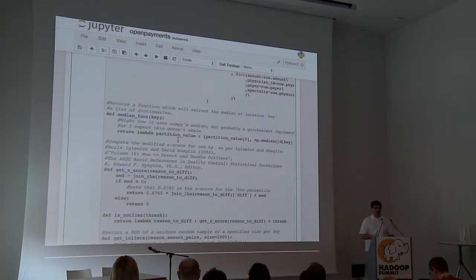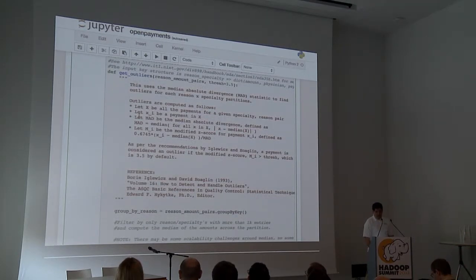If you've ever tried to interact with Pig or Hive with a UDF, you'll notice it's a pain in the butt because you have to go out to an IDE, build your UDF, compile it, and put a jar file somewhere, and it's a completely separate file from the actual core logic. Here it's right here. I'm defining functions that I'm using inside of it, and they're getting pickled and sent across the cluster seamlessly.